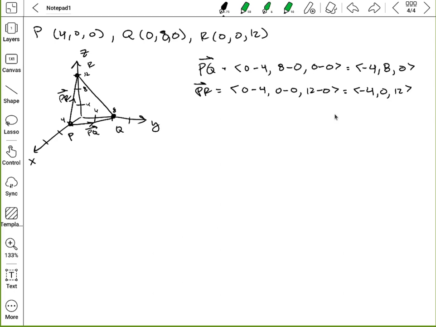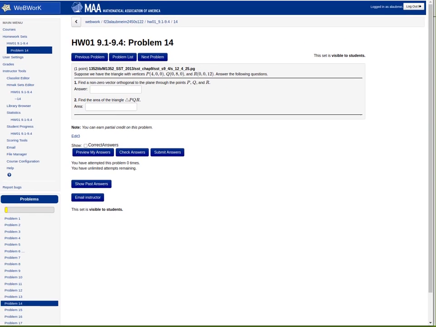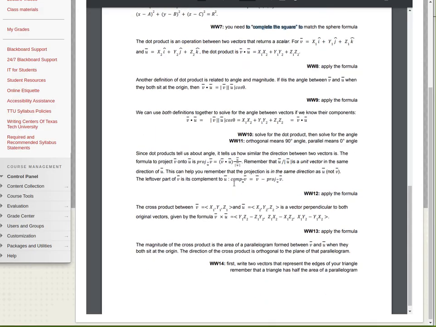And the tricky part here is that the properties that you got in your worksheet talk about a parallelogram.